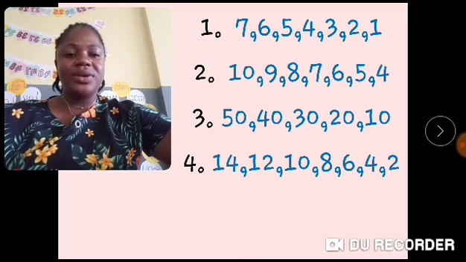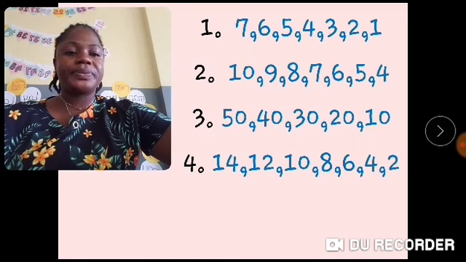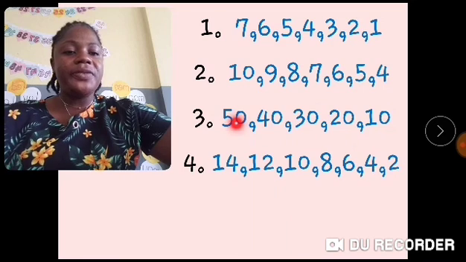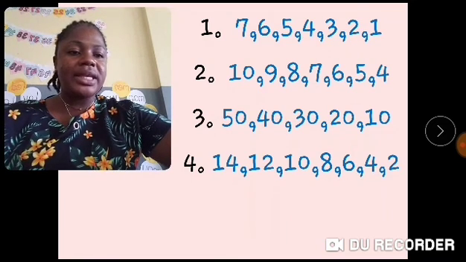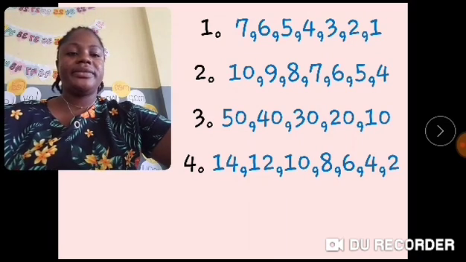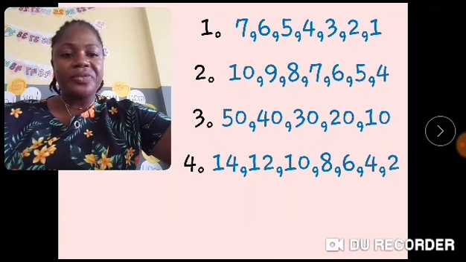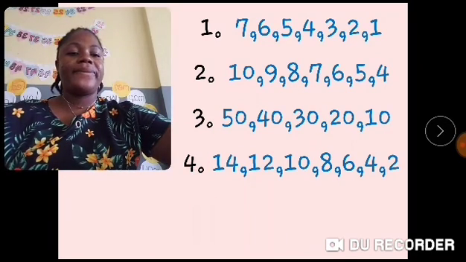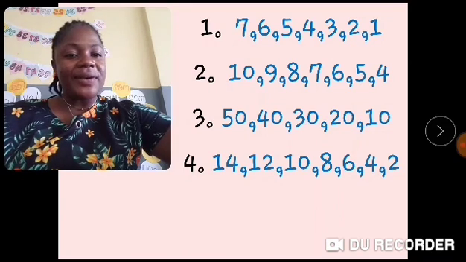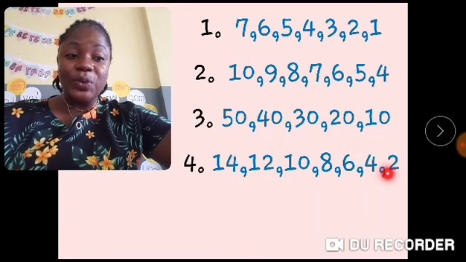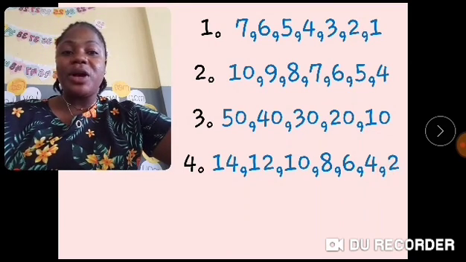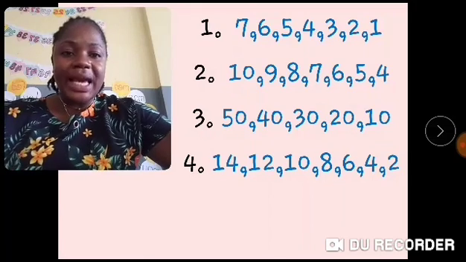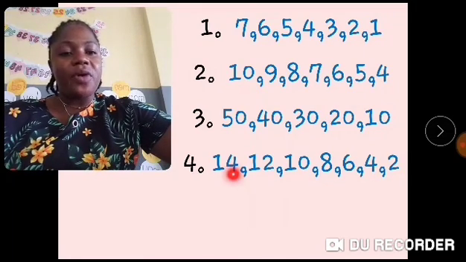Okay, good. So 50, 40, 30, 20, 10. Example 4. In ascending order, we started with what? 2. But here, because we are starting with the biggest number, we started with 14.